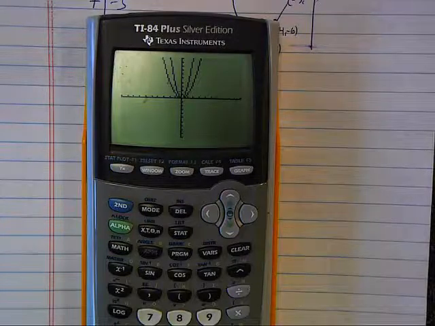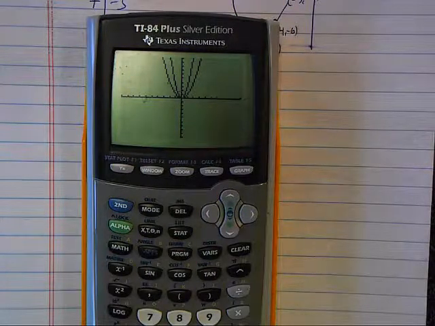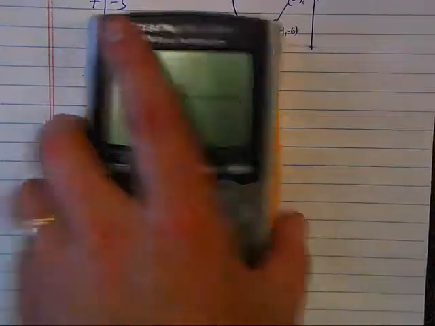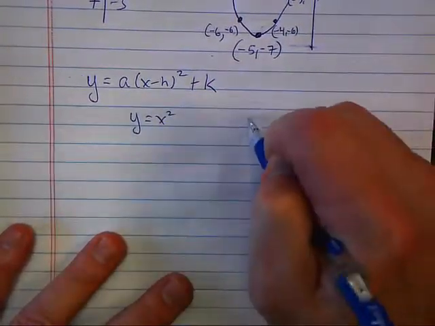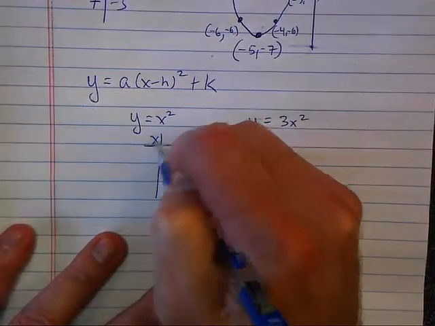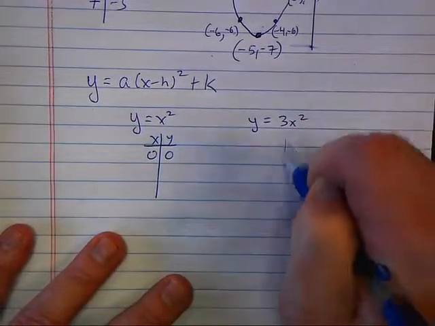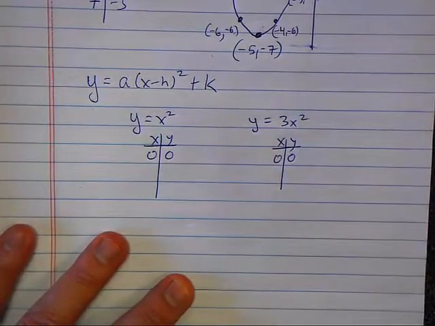What did it do to the parabola? Made it narrow. And this is kind of deceiving because it looks like it's more narrow. What it really did is it made the parabola more tall. What's the difference? Here's what I mean by that. If I were to take y equals x squared and y equals 3x squared, and build a little table, if I plug in 0, I get 0 for both of them, don't I?